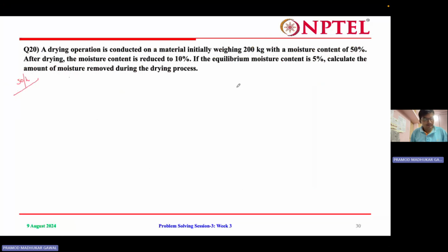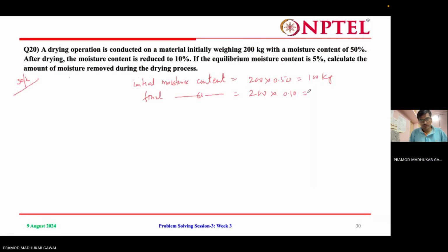So here the initial moisture equals 200 into 0.5, that's 100 kg, right? And final is 200 into 0.10, equal to 20 kg, right?